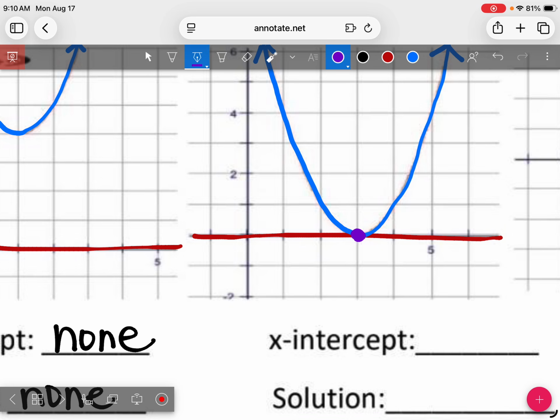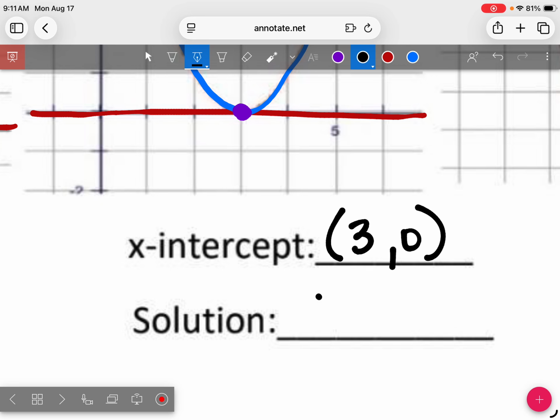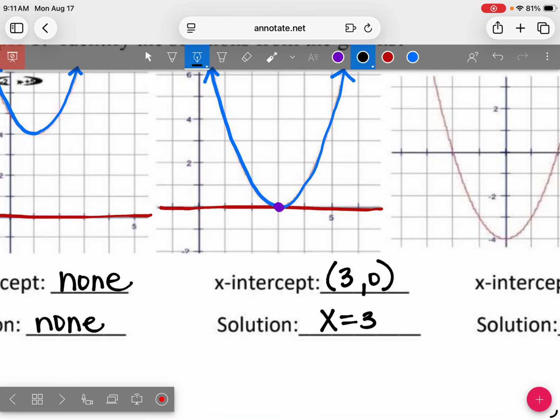And what does x equal right there? 3. So whenever you're asked to write the x-intercept, you have to write that as an ordered pair. This is the only way to show me that it's an x-intercept. But if it asks for the solution, you could say x equals 3. That's really important. If it's an intercept, you have to write it as an ordered pair. If it's solution, you just say x equals.